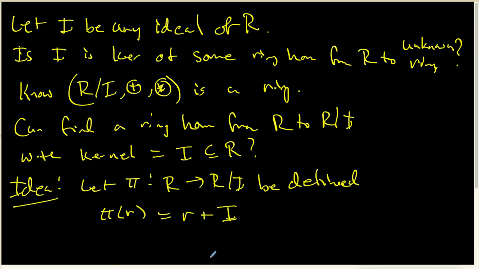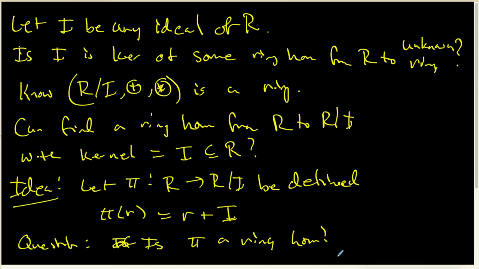In other words, pi of r is going to be r plus I. And the first question then is: is pi a ring homomorphism? And if it is, is the kernel of pi equal to I? So let's look at those questions.